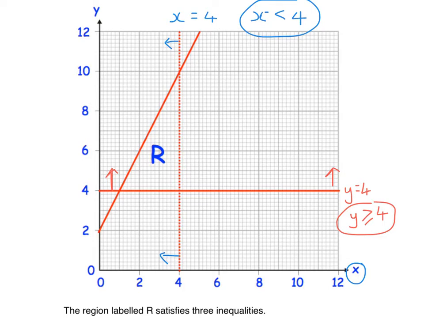And then the last one is this line here, which is a slightly harder one. Now the first thing I need to do is figure out y equals mx plus c, to figure out what that line is.